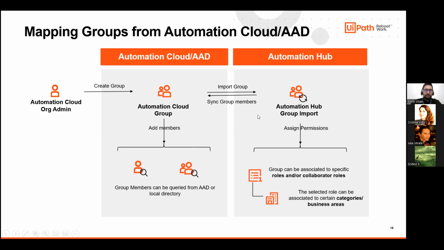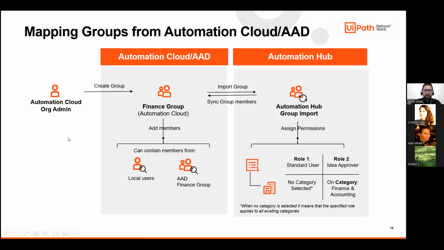The advantage is that in Automation Hub, you'll be able to go even more granular and say that the users from that group can be associated to specific roles or collaborator roles. And even further than that, the roles can be associated to categories and business areas.